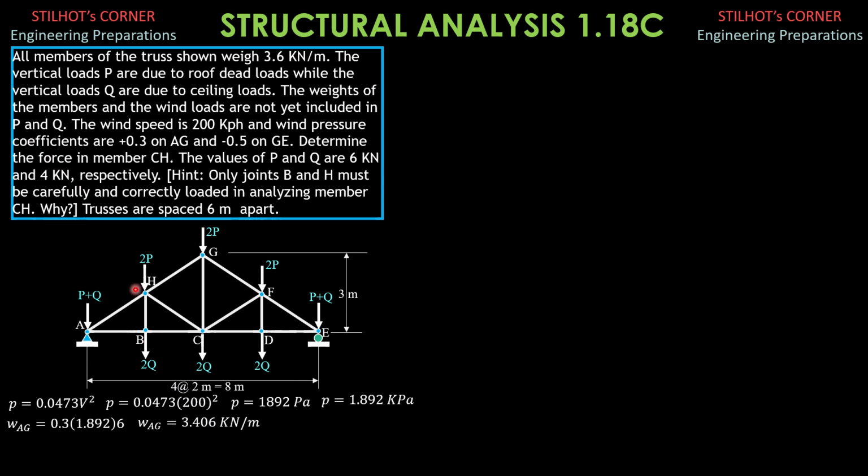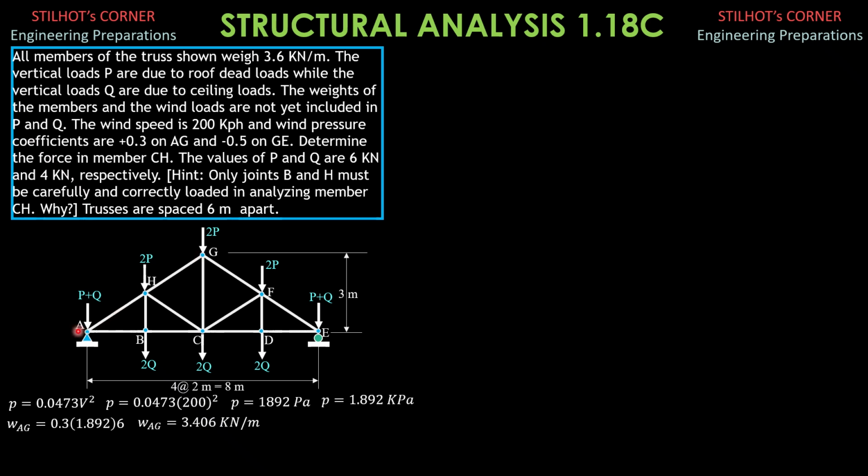So the horizontal load on H, because we are only interested in joints H and B, is equal to this uniform wind load times the tributary projection. The total projection is 3, and since H is an interior joint, its tributary is times 2. So this vertical dimension is divided by 4, and therefore this is 2 times 3 over 4, which is 1.5.